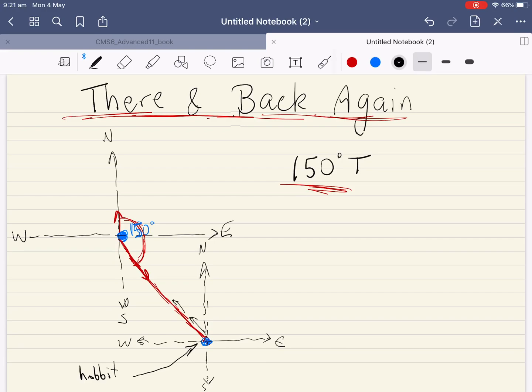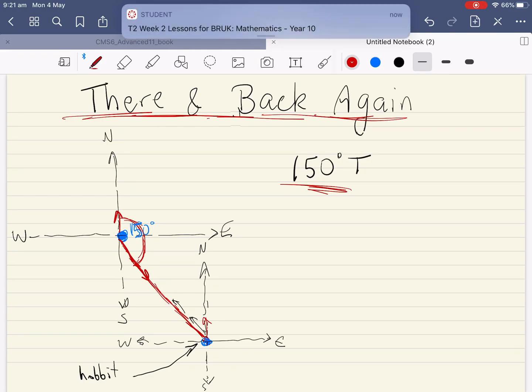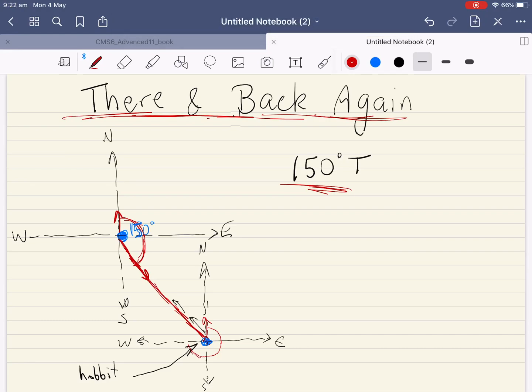So if you're trying to find that bearing, again, we know how true bearings work. You start facing due north, and we've got to rotate him clockwise until he's facing the correct direction. There's 90-degree rotation. There's 180. There's 270.